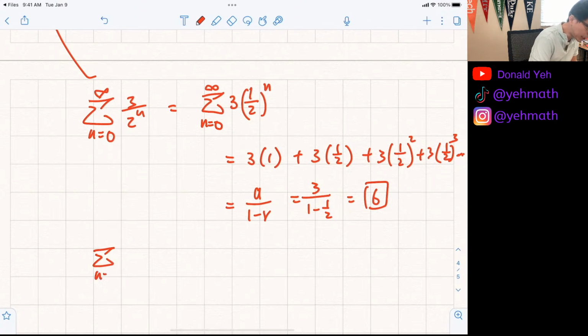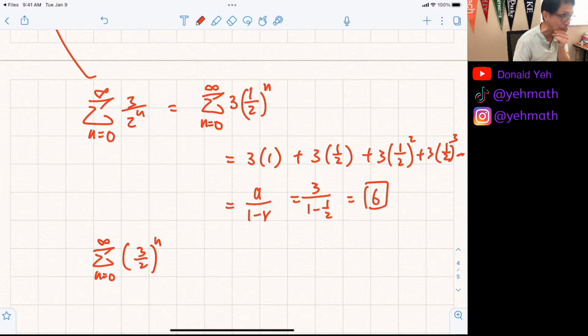All right, n equal to 0 to infinity, let's say 3 over 2 to the n. What do you think this one is? Very, very easy. Oh, yeah, okay, it's 2 over 3. Nope. Wait, no. I'm done. I'm dumb.